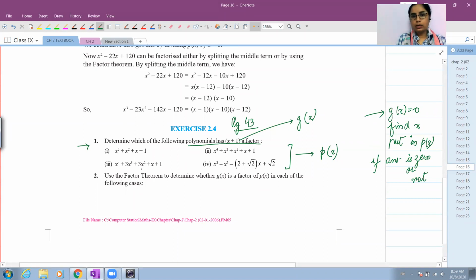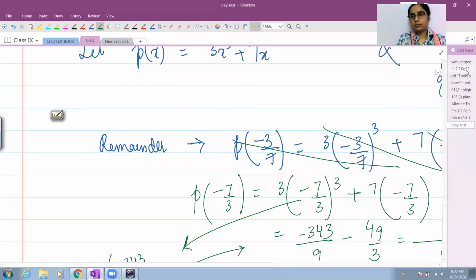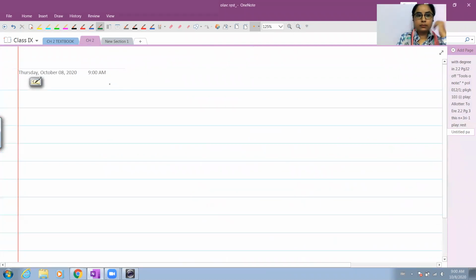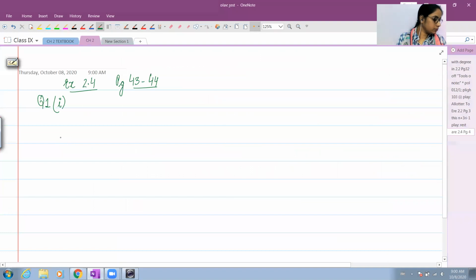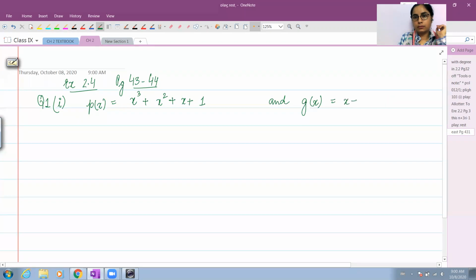In first question, only the dividend is changing, but the linear polynomial, which you want to check whether it's a factor of the polynomials px or not, is the same. It is a factor.